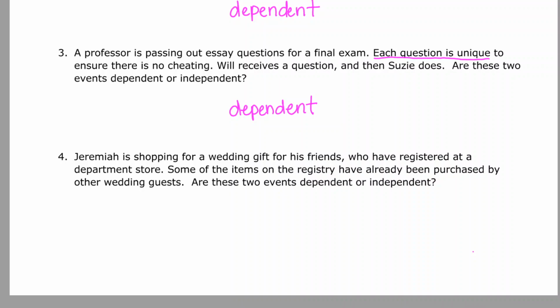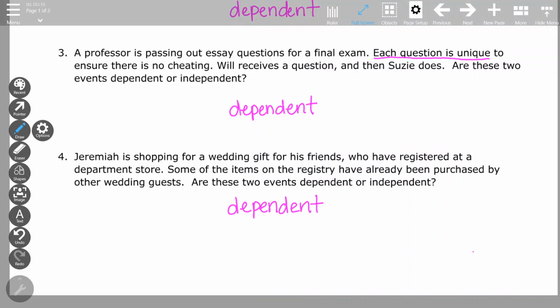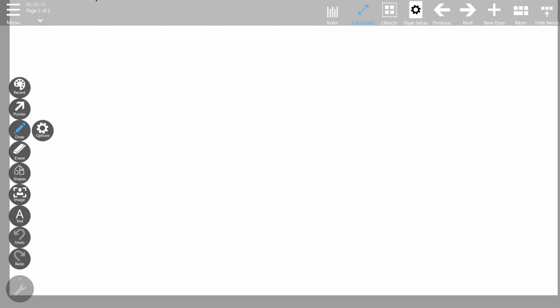So you don't want to buy them a gift that someone else has already bought them, because if you do, then they have to take one of them back. So, because what you can purchase now depends on what other people have purchased, this is a dependent event.